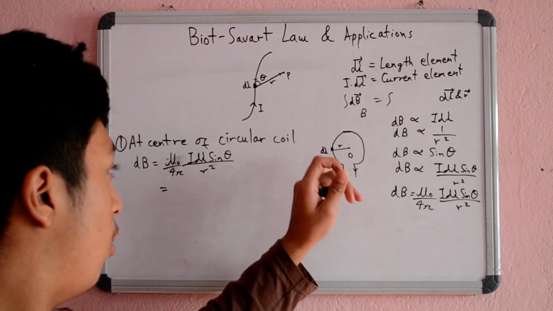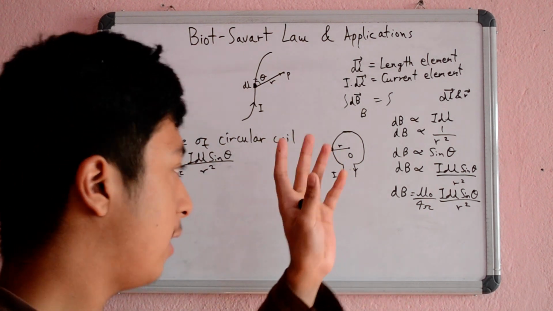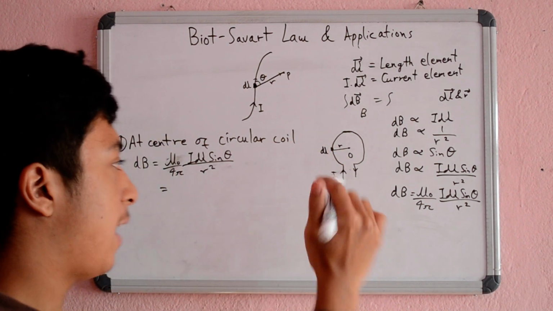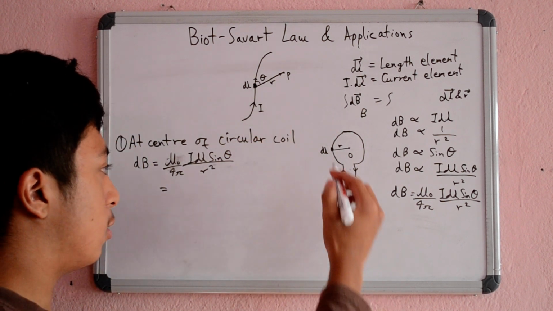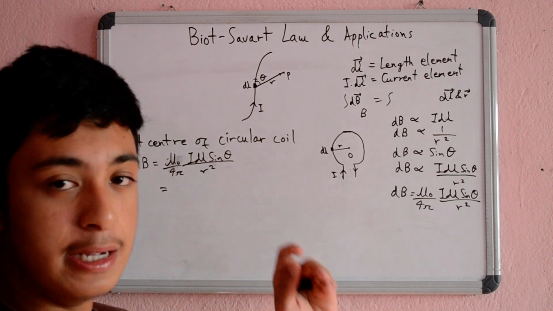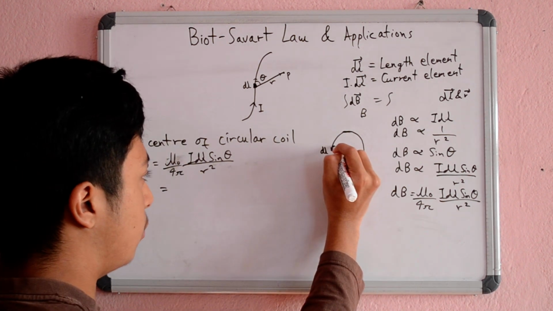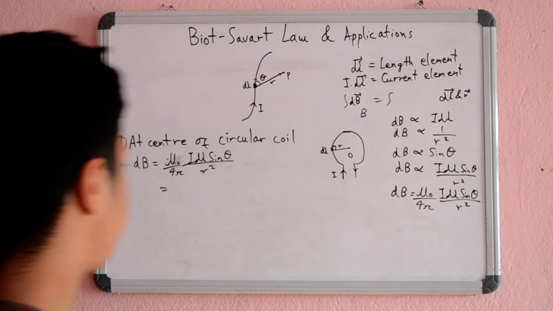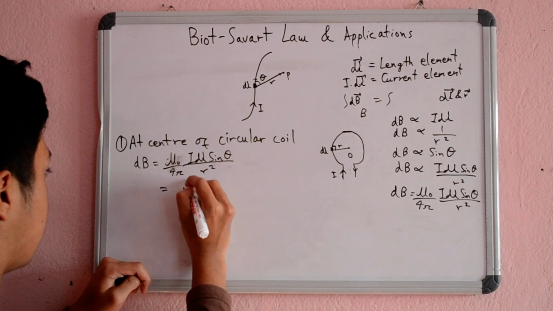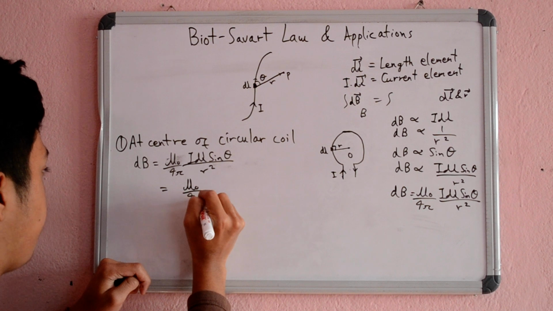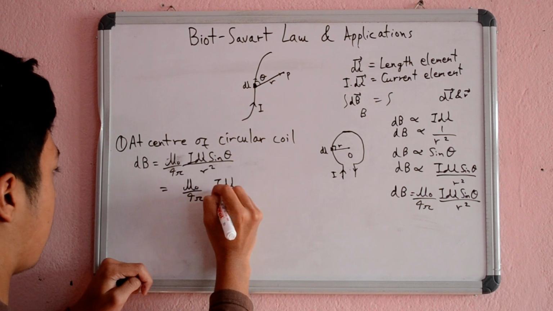But from math and from geometry, we know that this length element or current element is tangential to the circumference of the circular coil, meaning that their angle will be 90 degrees, which means that sine 90 is just 1, hence we will get mu naught by 4 pi, I dl by r square.